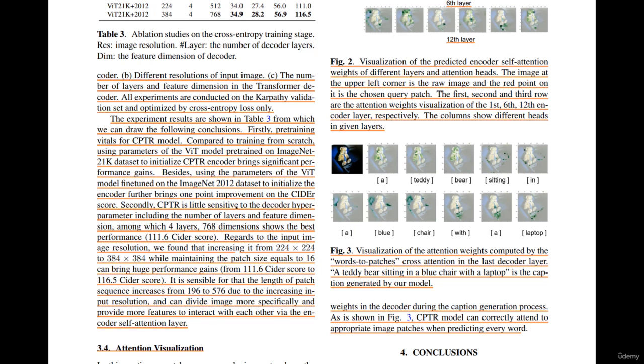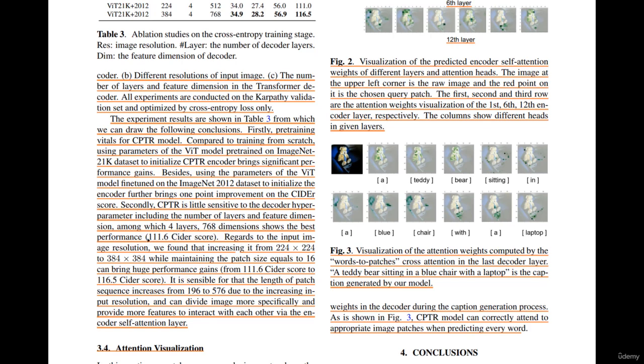Secondly, the CPTR is less sensitive to the decoder hyperparameters, including the number of layers and the feature dimension, among which 4 layers, 768 dimension shows the best performance.